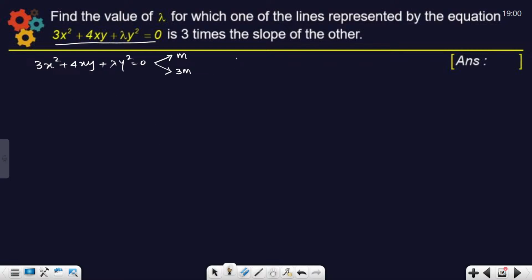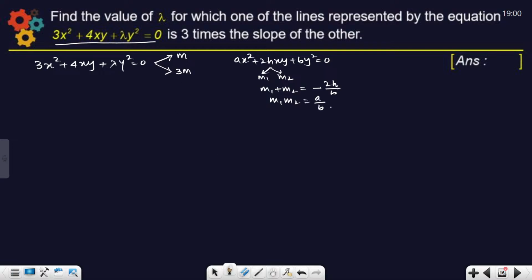Now we all know that for ax square plus 2hxy, just now I taught you, if this equation represents a pair of straight lines passing through the origin with slopes m1 and m2, then the sum of their slopes is minus 2h by b, and the product of their slopes is a by b, right?